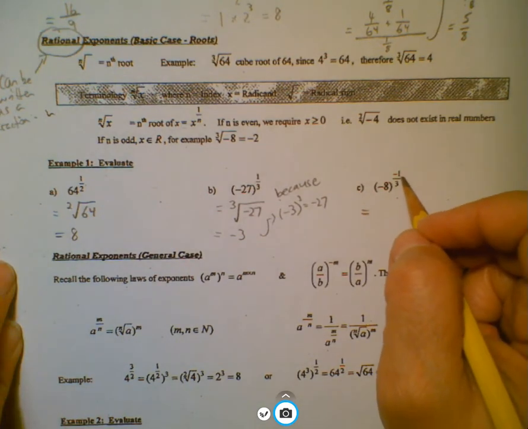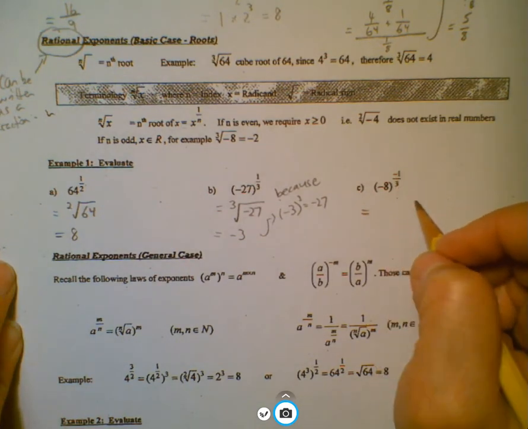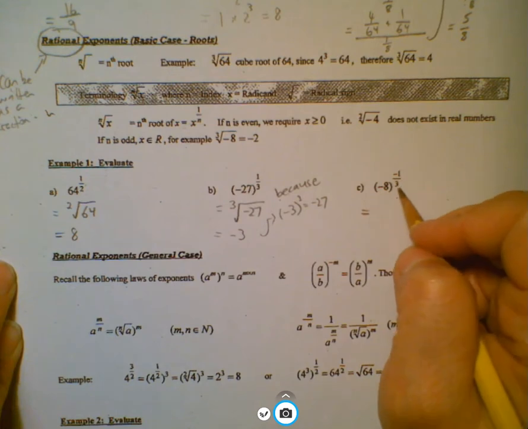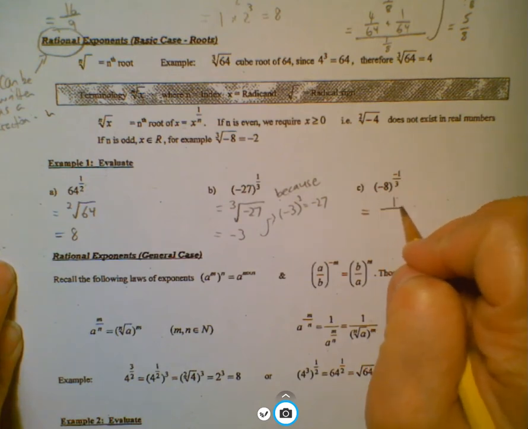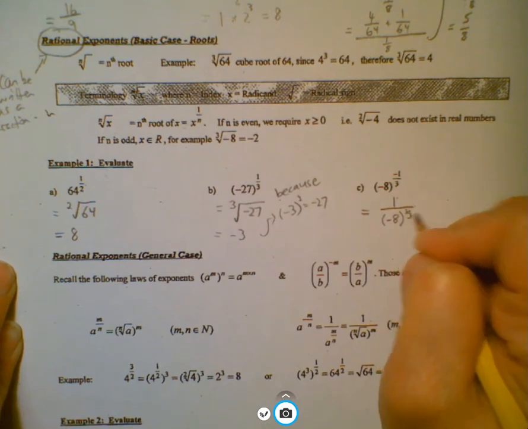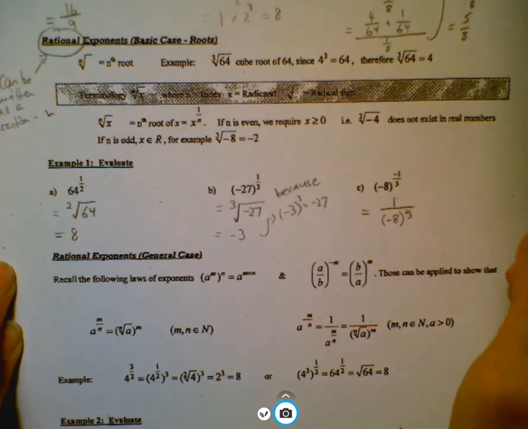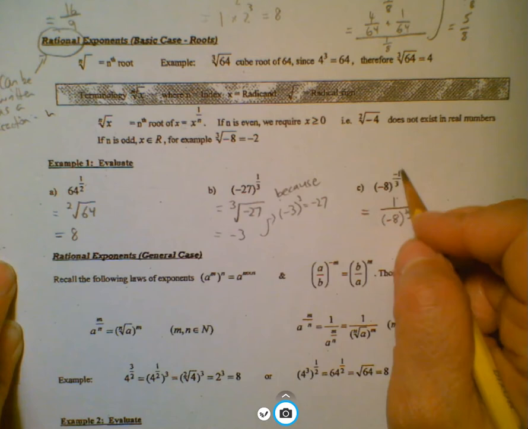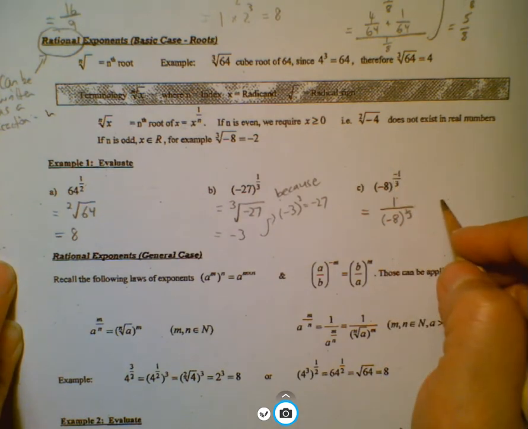But notice that this is a negative exponent. So with the negative exponent, I'll remind you, this is just the reciprocal with the positive exponent. So you don't do anything with this -1/3 in terms of taking the reciprocal of it or anything like that.